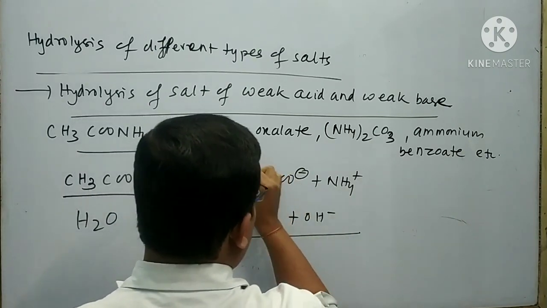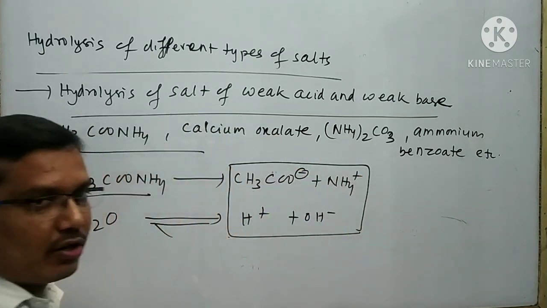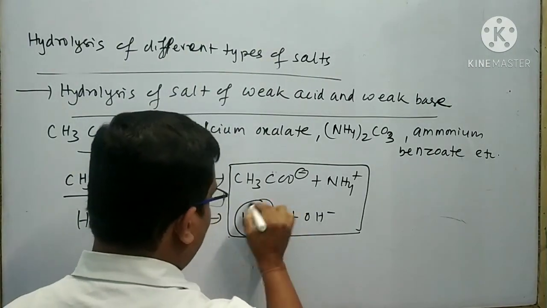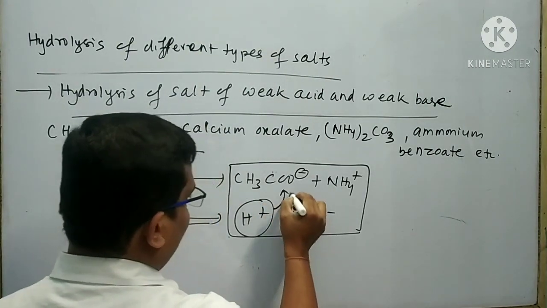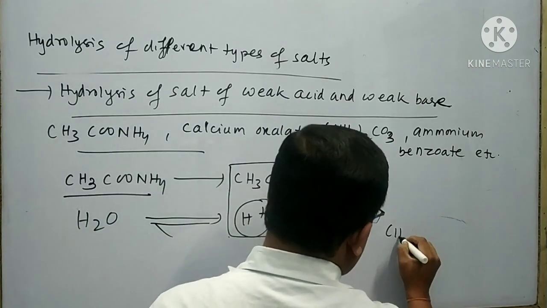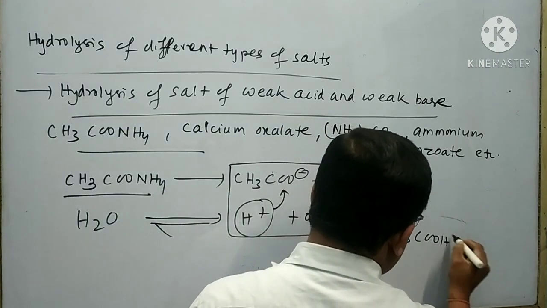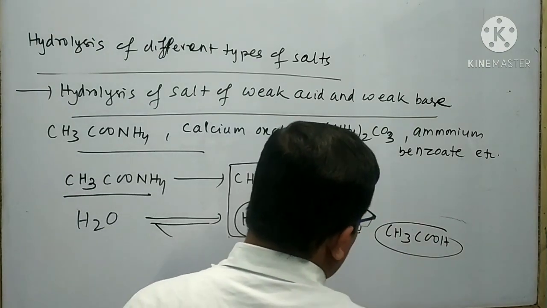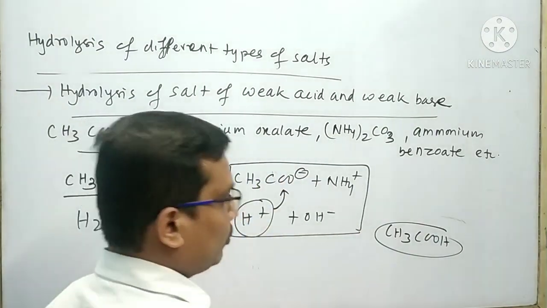Hydrolysis means the interaction of the ions of the salt with the opposite ions of the water. That means your H plus ion interacts with the acetate ion, gives acetic acid. Acetic acid is a weak acid, so it does not undergo further dissociation.